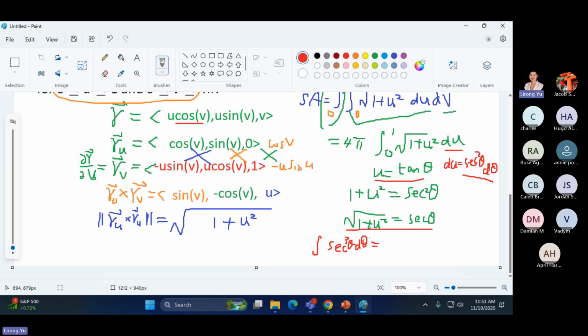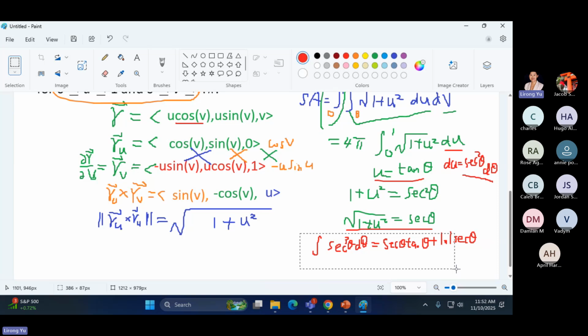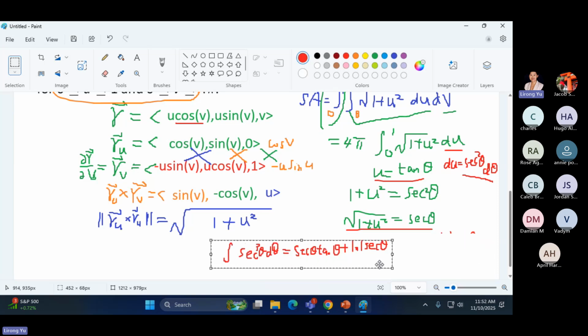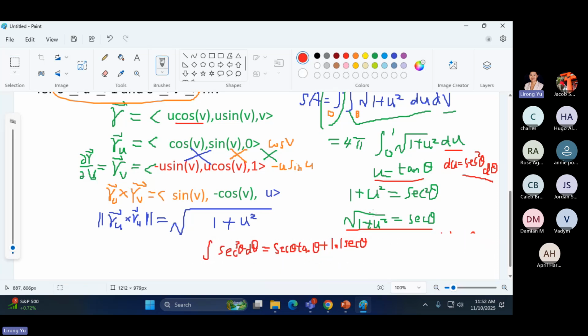Now applying the formula in trigonometry, this is equal to one half of secant theta times tangent theta plus the logarithm of secant plus tangent theta. I could spend extra time explaining how to integrate secant cube, and the method is integration by parts, but to save time, let me just give you the formula.